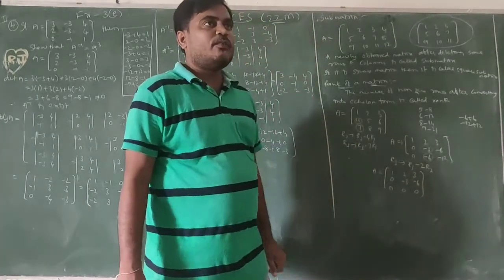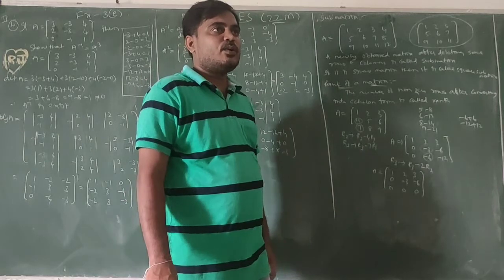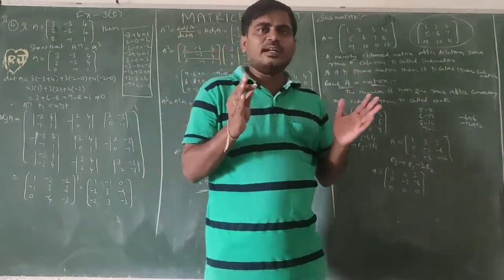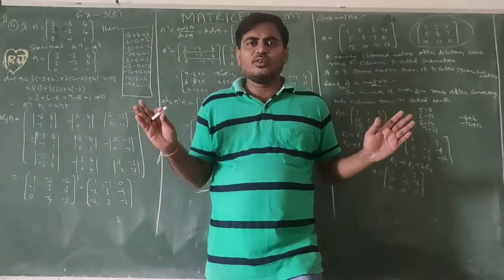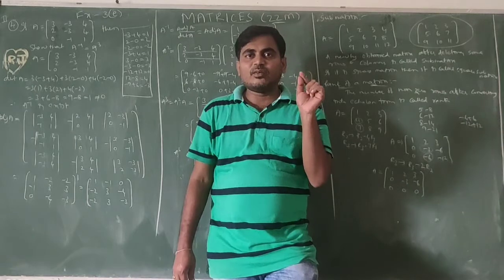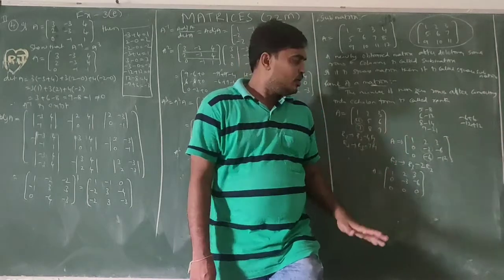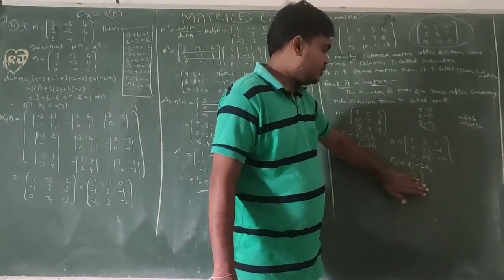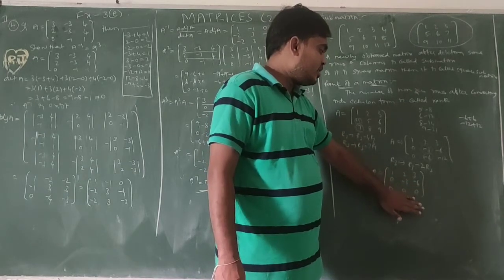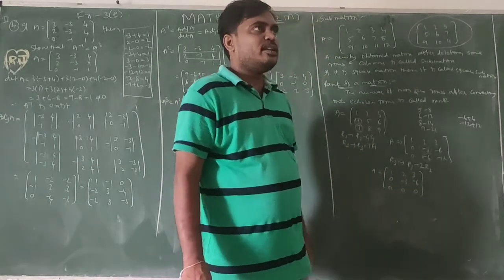Now I want to count the number of non-zero rows. What is a zero row? If a row contains each and every element equal to 0, then it is a zero row. If at least one of the elements is not equal to 0, then it is a non-zero row. So if we observe this, first row 1, 2, 3, second row 0, minus 3, minus 6, third row 0, 0, 0. So how many zero rows?